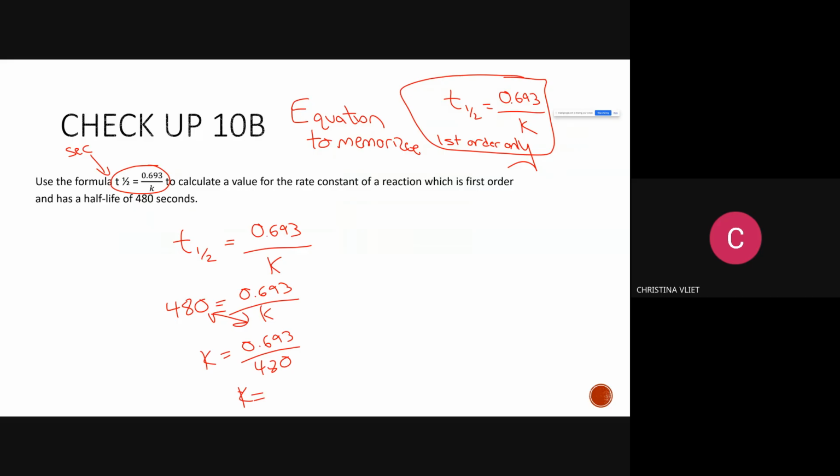I get 0.00144 per second. And there's one more question like this.